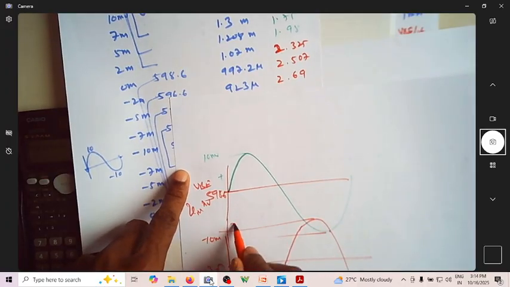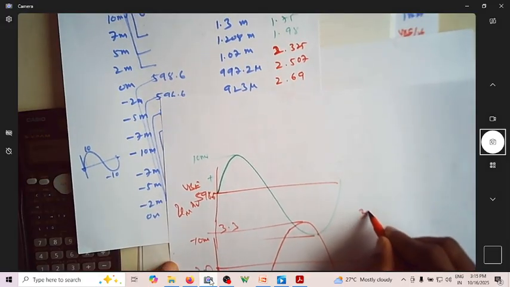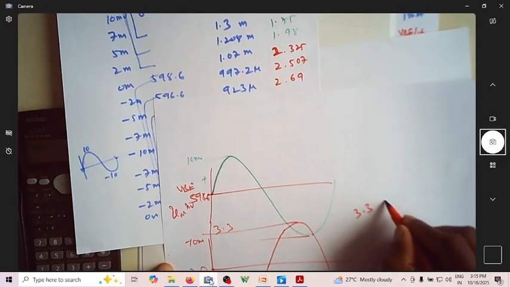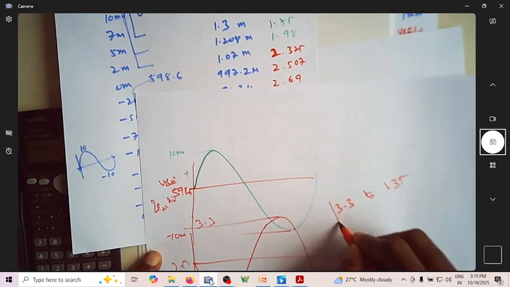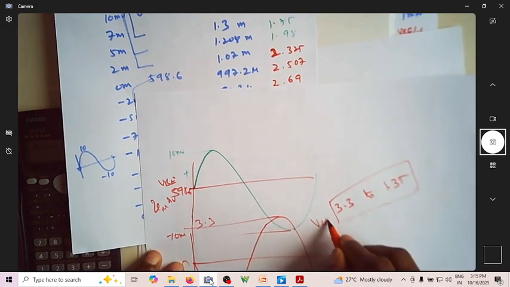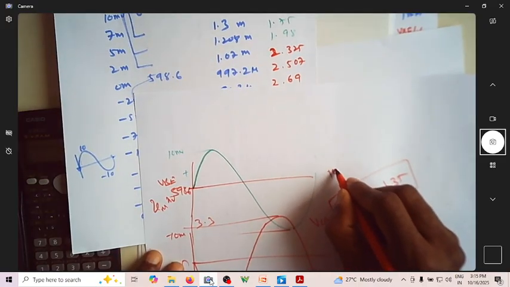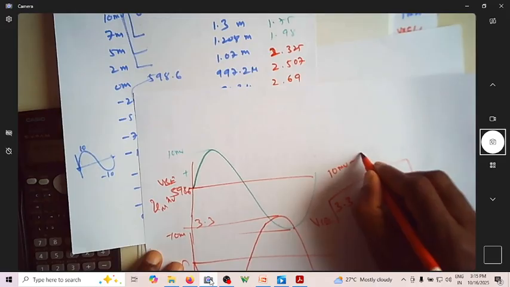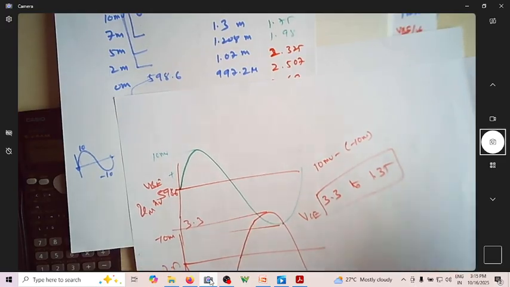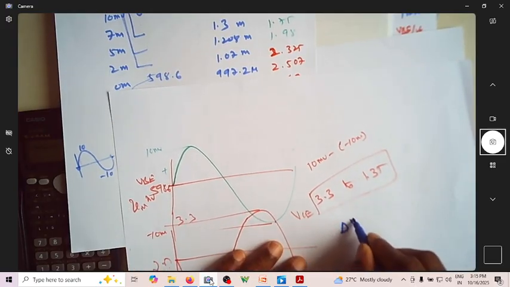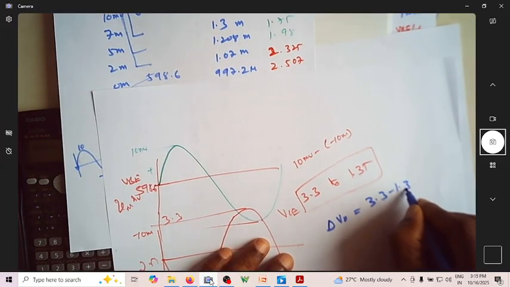So this is 3.3. What is the swing? It is varying from 3.3 to 1.35. This is the change in your VCE for a change in input voltage from 10 millivolt to minus 10 millivolt. So what is the delta V naught? Delta V naught is 3.3 minus 1.35.